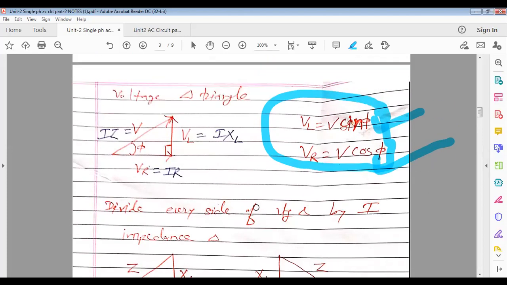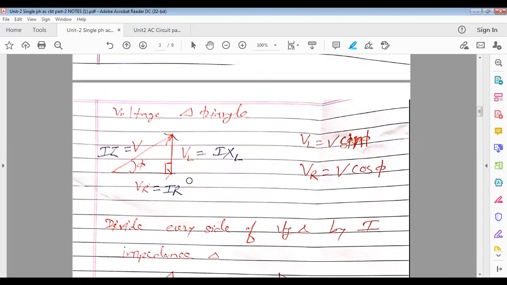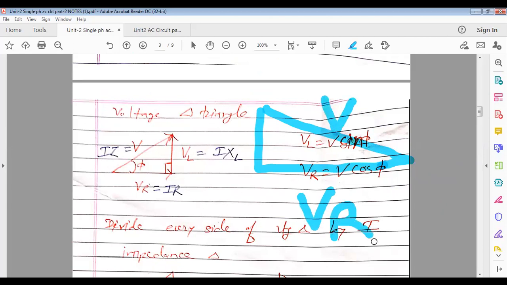Okay, got it. In some books you will find this voltage triangle drawn like this, as its mirror image. Then also no problem. Along this is V, this one is VR, and this one is VL. This angle is 90 degrees, and this one is phi.